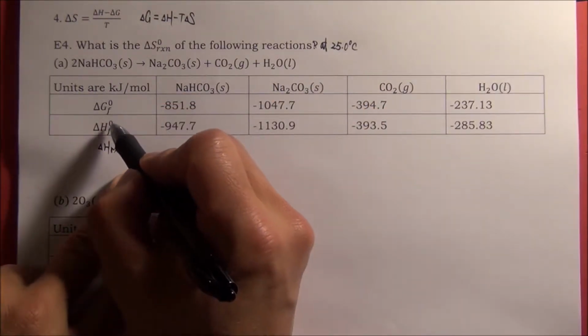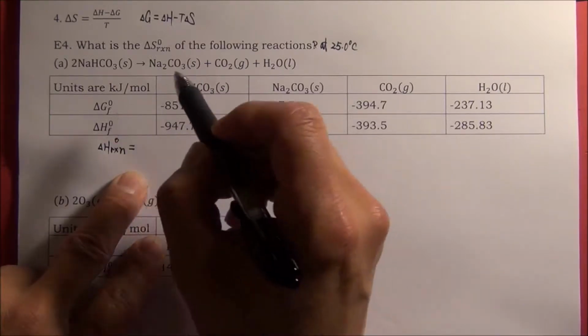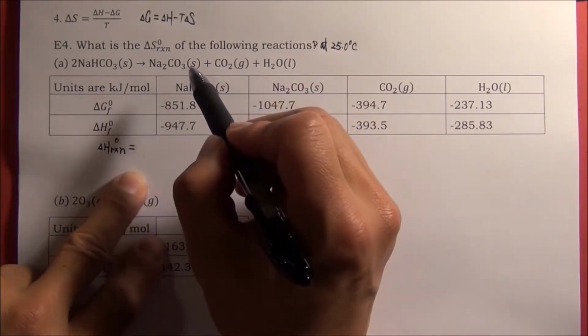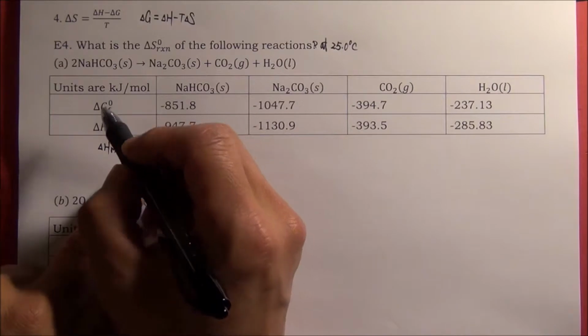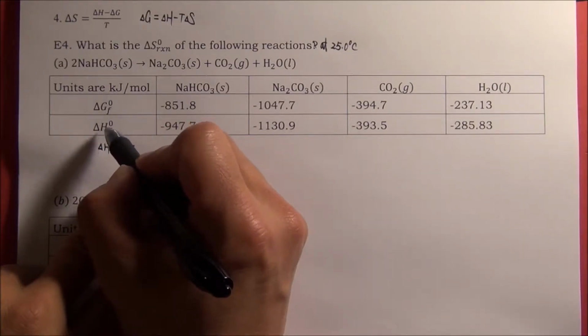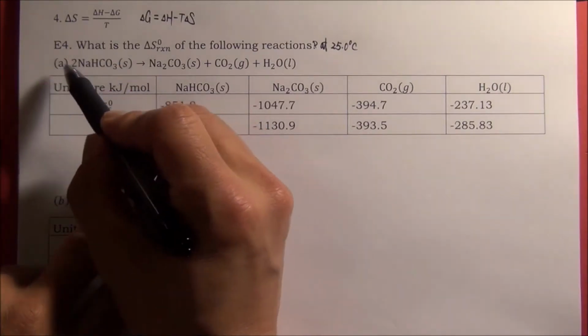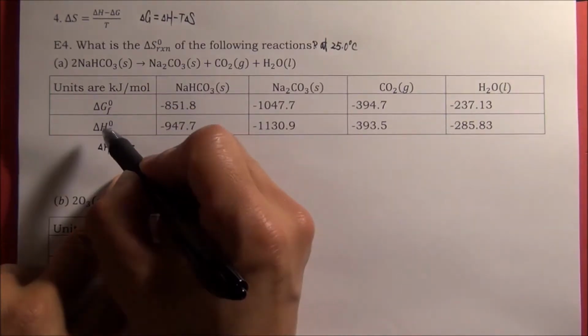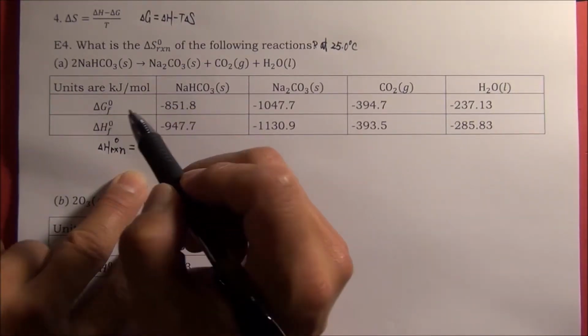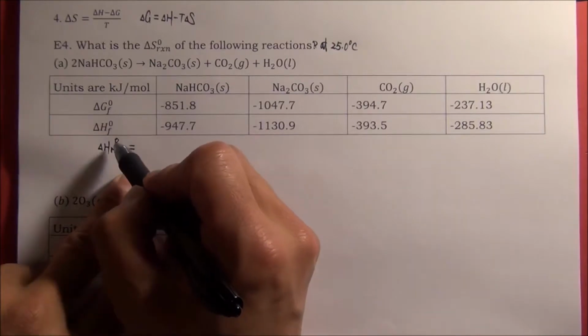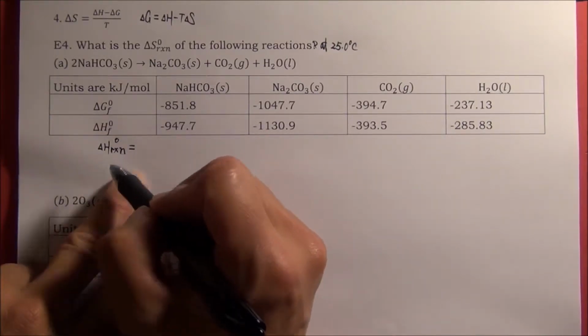We add the standard enthalpy of formation of all products together, and we also add the standard enthalpy of formation of all reactants together. Then the difference will give us the standard enthalpy of reaction.